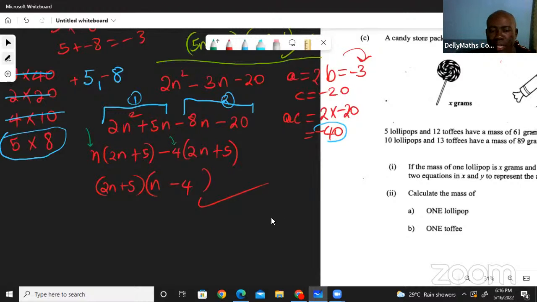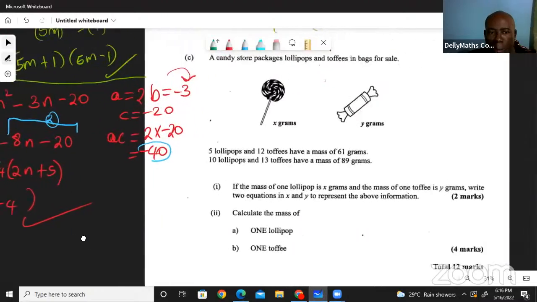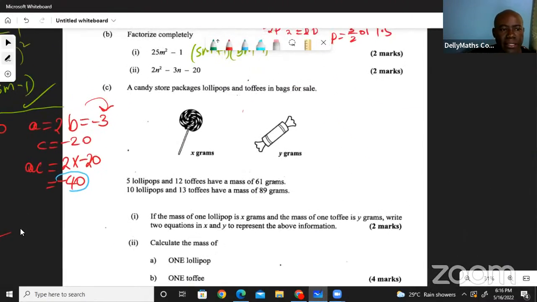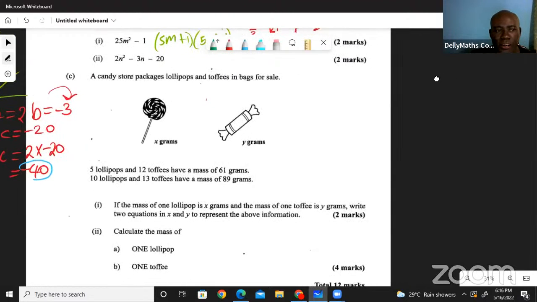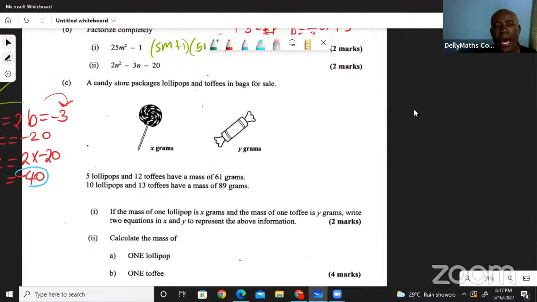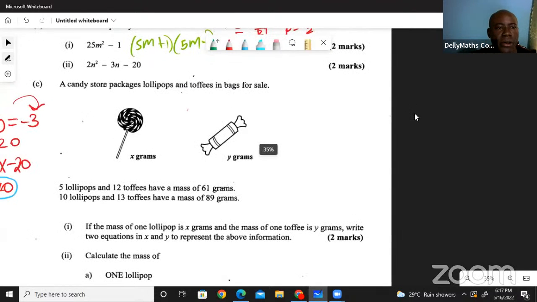All right. Let us now look back at this other question. This is a very nice question here. So the question says, a candy store packages lollipops and toffees in bags for sale.